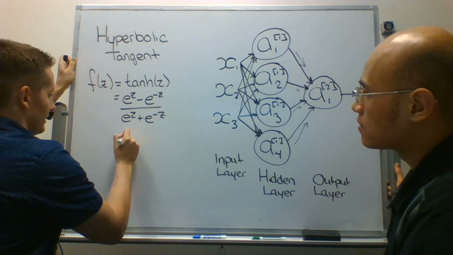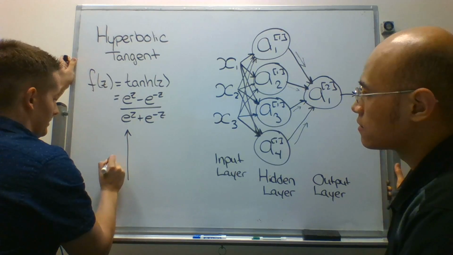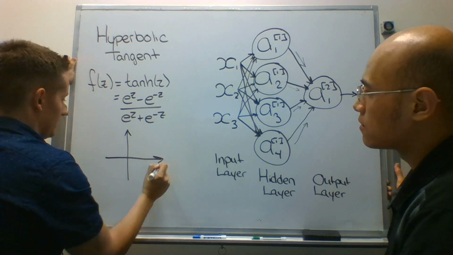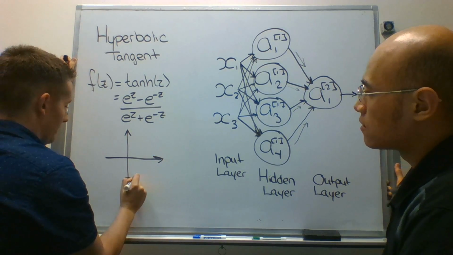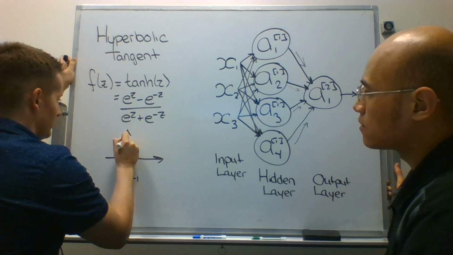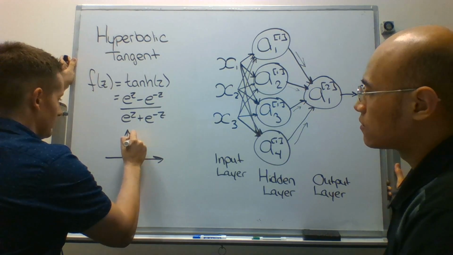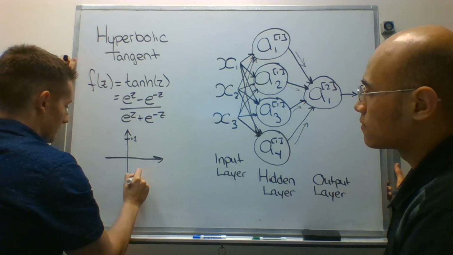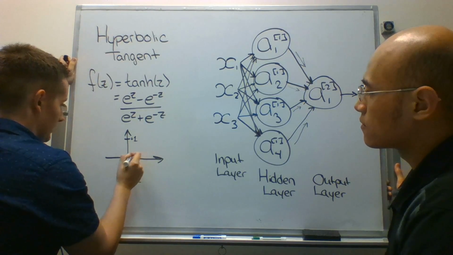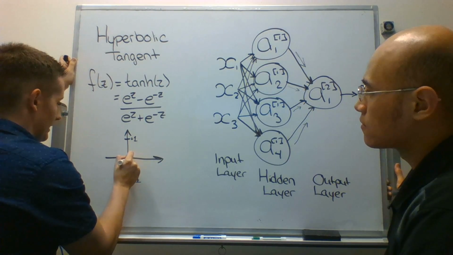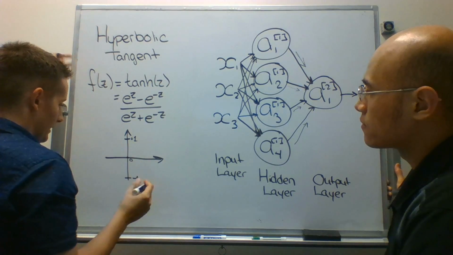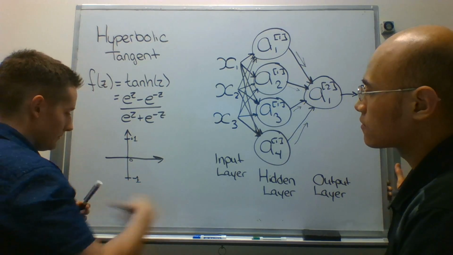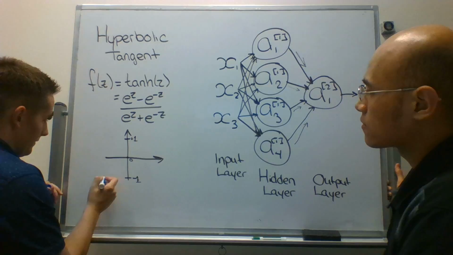And this looks very similar to the other one, but our bounds are now at -1 and +1, with the intercept being at 0 here. And we'll draw the graph, a nice one.